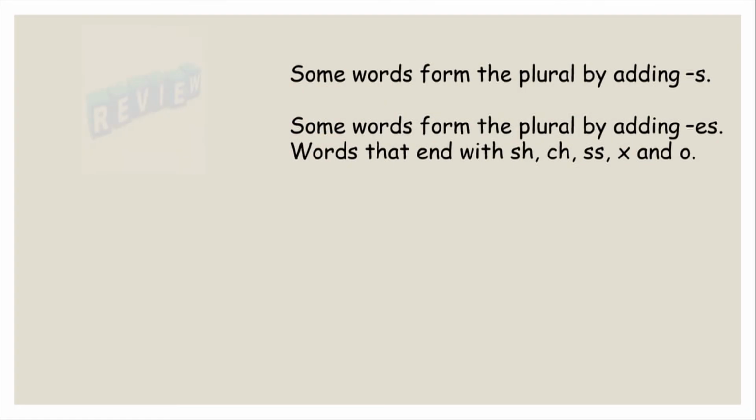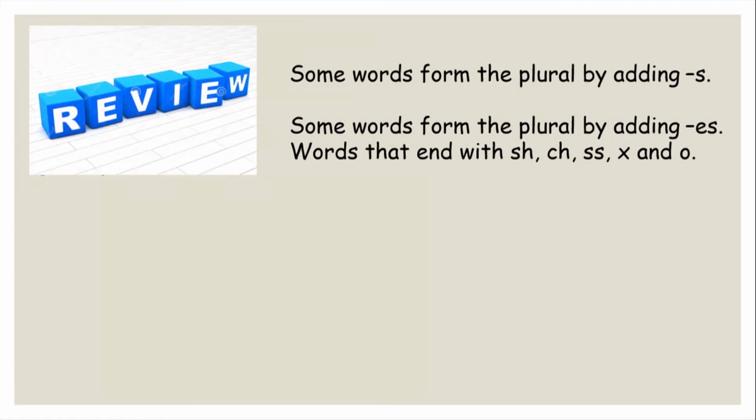So I hope you all got all correct, and if you got one or two wrong, you can continue practicing forming the plural using the rules we learned thus far. So let's go over the rules. Some words form the plural by adding s. Some words form the plural by adding es. Words that end with sh, ch, ss, x, and o.